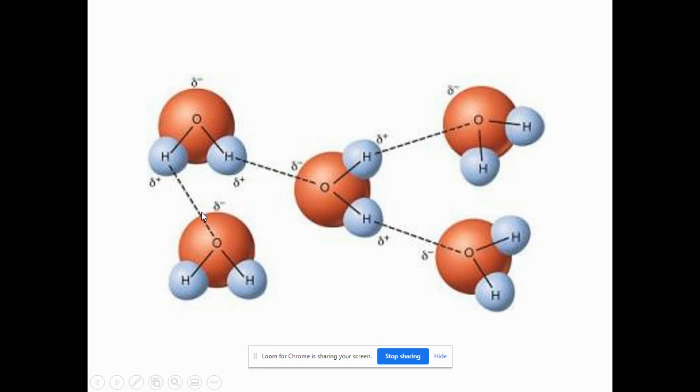The dashed lines represent hydrogen bonds, whereas the full lines represent polar covalent bonds. The symbols here represent the polarity of the molecule: the oxygen in a water molecule carries a slight negative charge, whereas the hydrogens carry a slight positive charge.